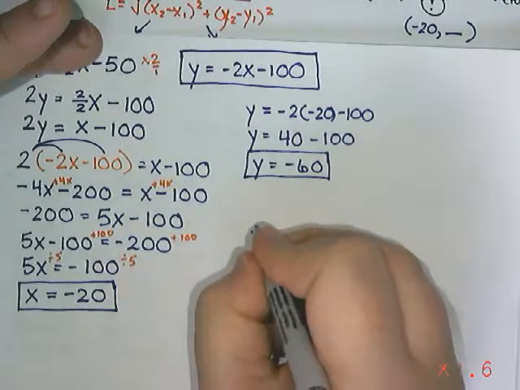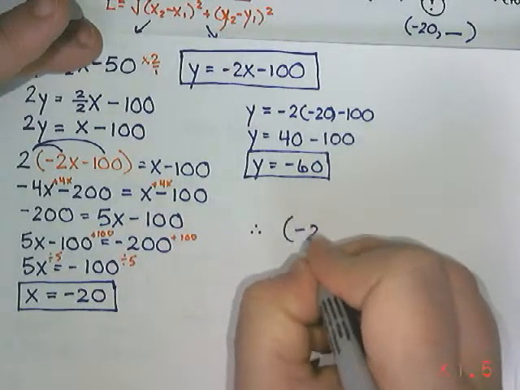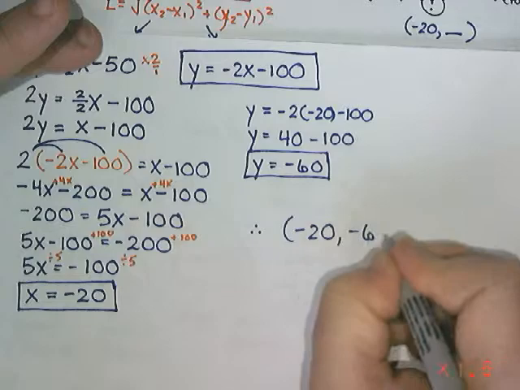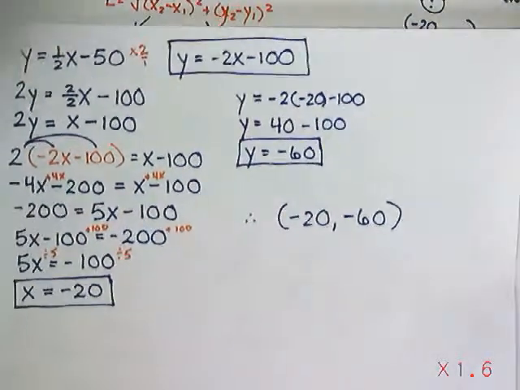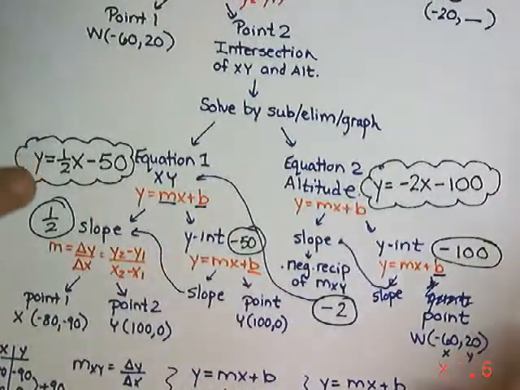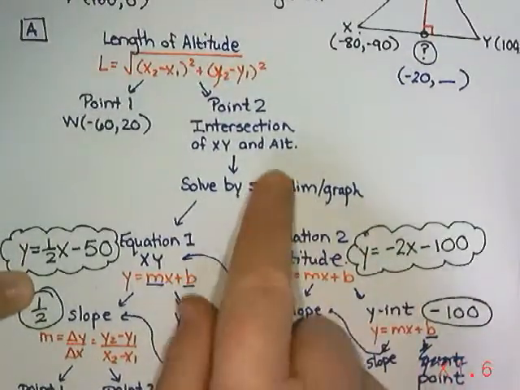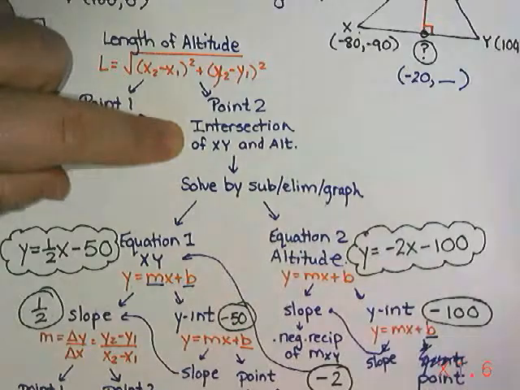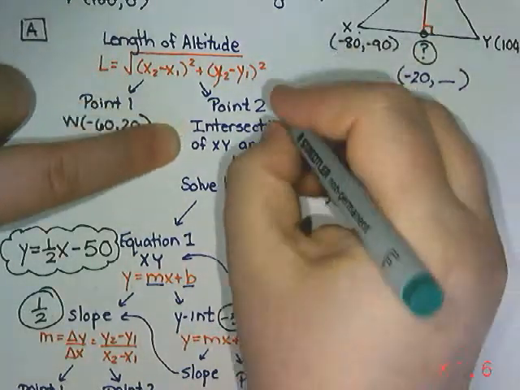So they intersect at the point -20, -60. If I come back to my plan, we were here, we had our two equations. I now know that the point of intersection here is the point -20, -60.